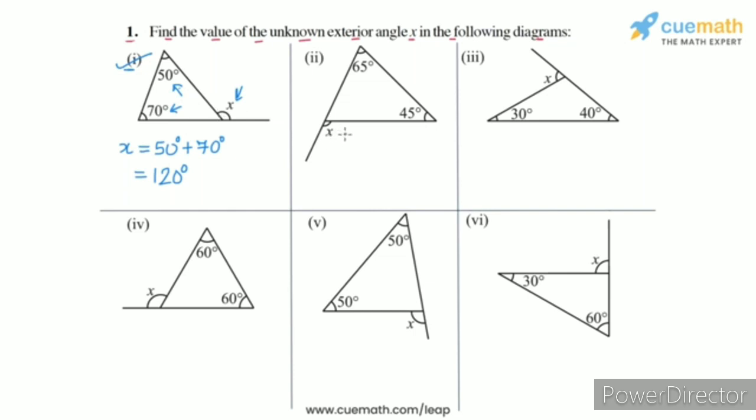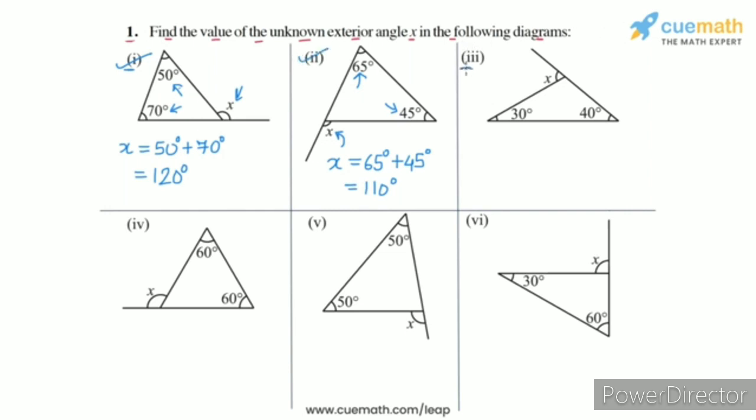In part 2, x is this exterior angle, and the opposite interior angles are 65 degrees and 45 degrees. So x will be equal to 65 degrees plus 45 degrees, the sum of the opposite interior angles, and this will be equal to 110 degrees. So this is the answer for part 2.